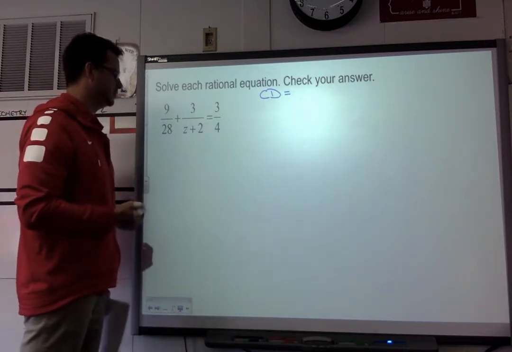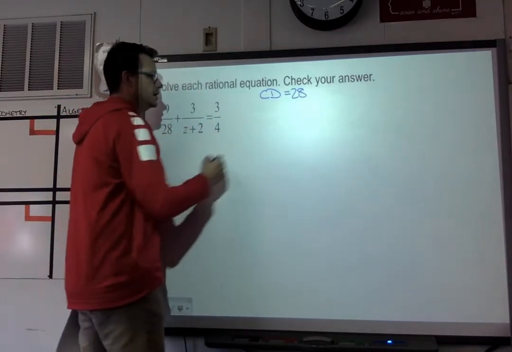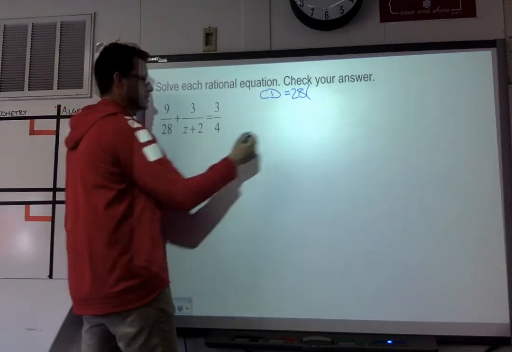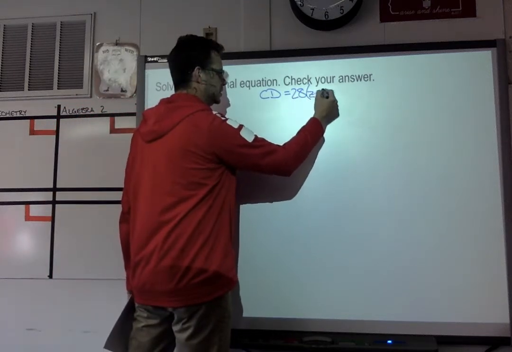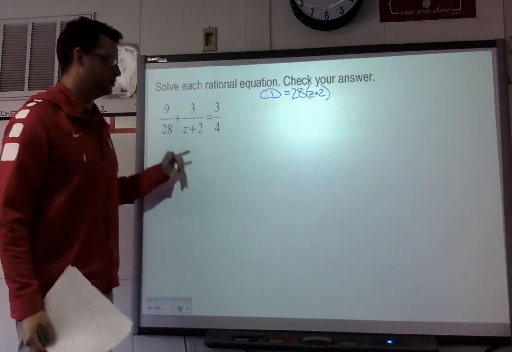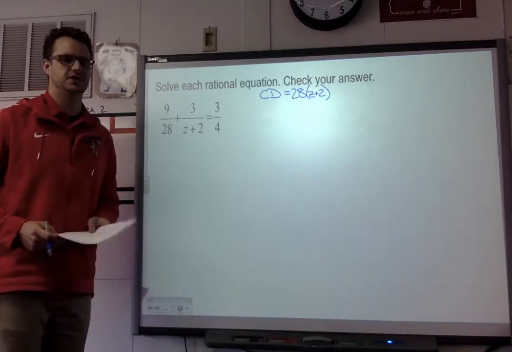The smallest number that 28 and 4 both go into is 28. And then we've got an expression of z plus 2. So our common denominator, or our least common multiple between those three terms, would be 28 times z plus 2.